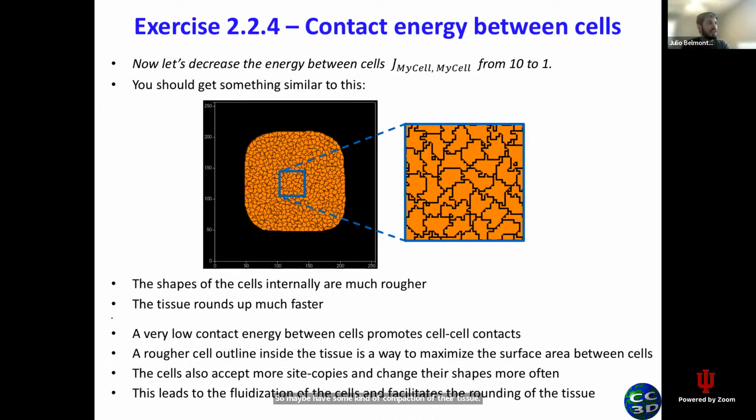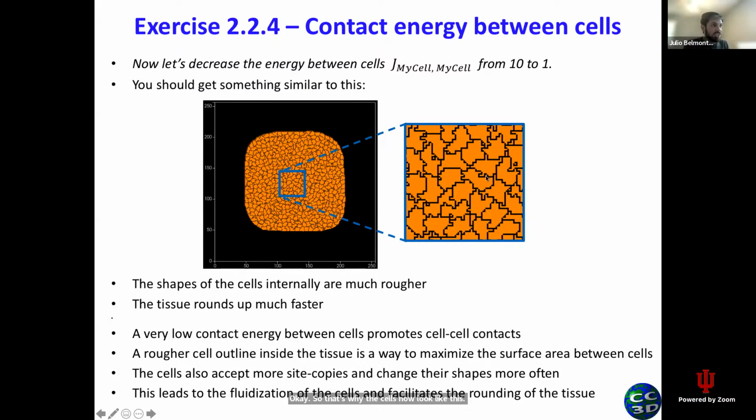But if you think about it, that makes a lot of sense, because what the cells want to do now is maximize their area or their periphery in contact with the other cells, okay? And the best way to maximize the periphery is to move away from a rounded shape into a very irregular shape, okay?